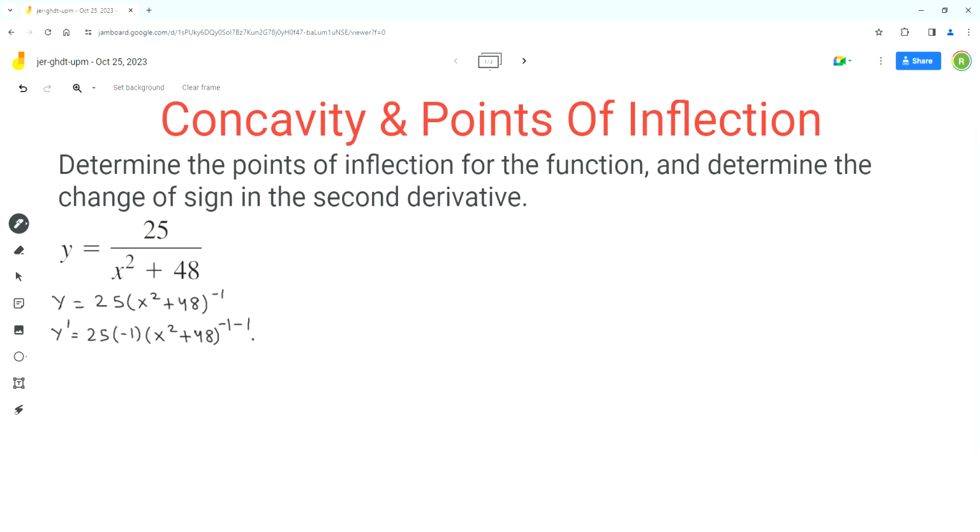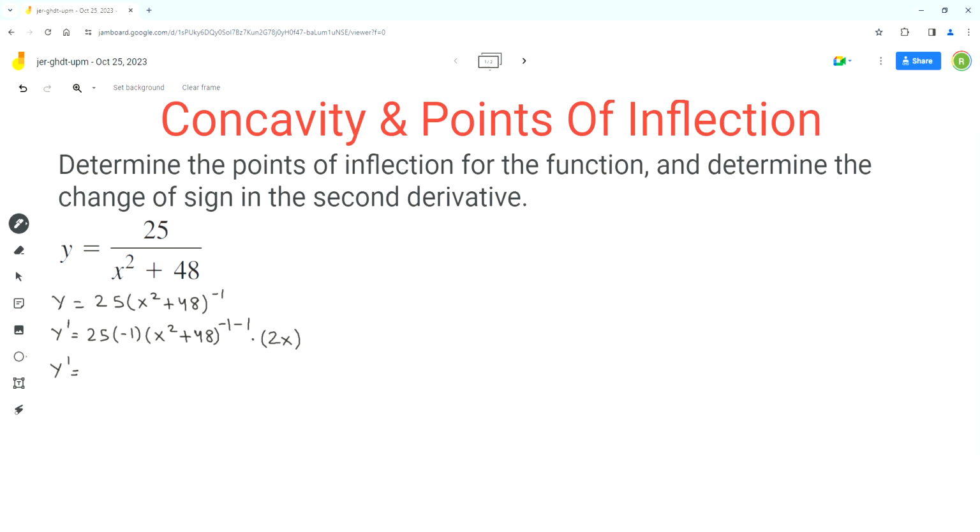Times the derivative of the inner function, and the inner function is x squared plus 48. The derivative of that will be 2x plus 0, so we can ignore the 0. Now we can simplify this expression.